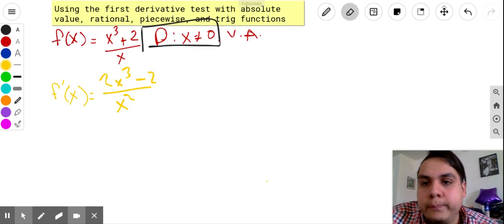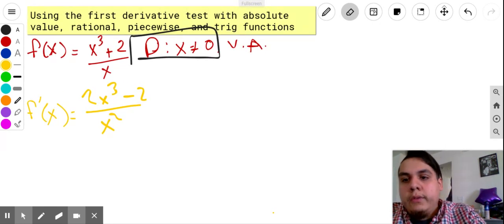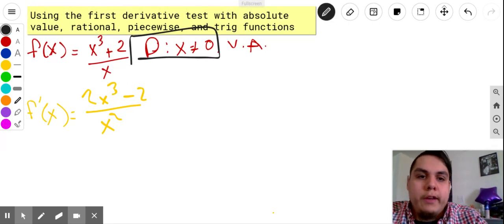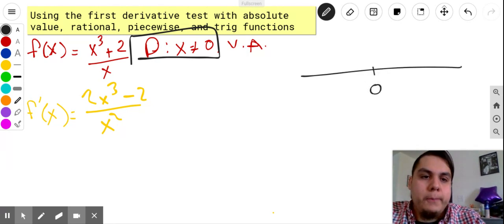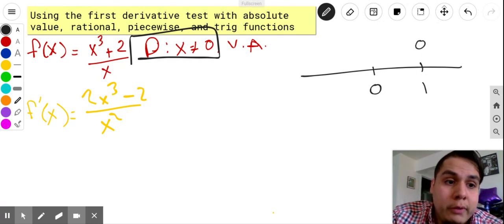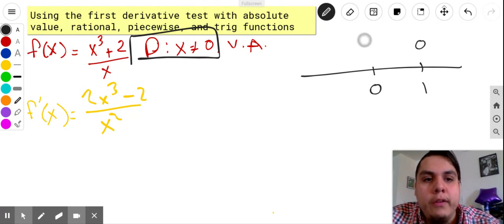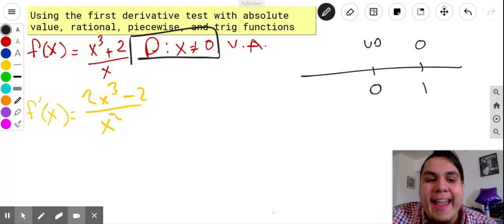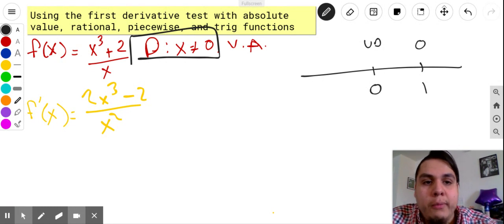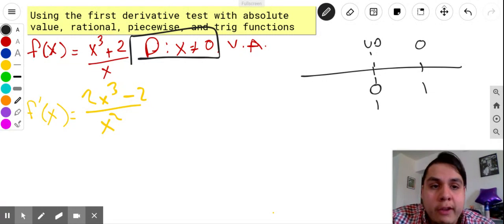Take us home. So based off that number line, 0 and 1, my derivative value is 0. That's why I put the little 0 up top to also make sure it's not included. And up here I have an undefined asymptote. It's outside, so I would maybe even make it a little dotted line to distinguish that value.